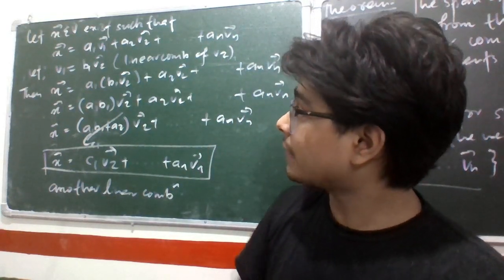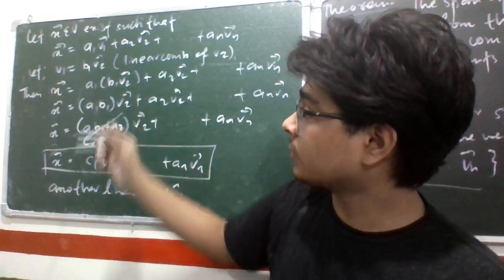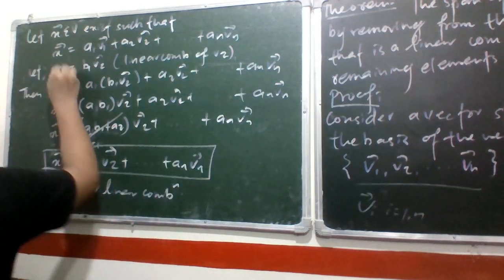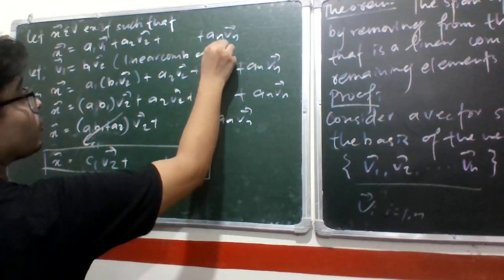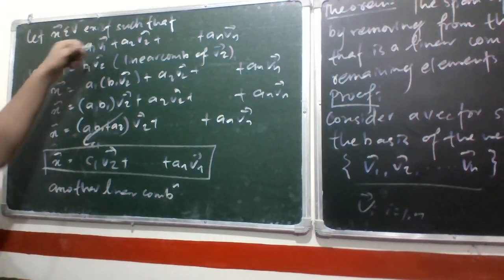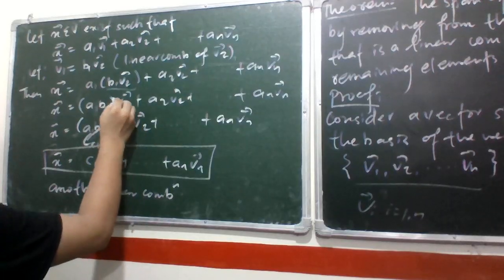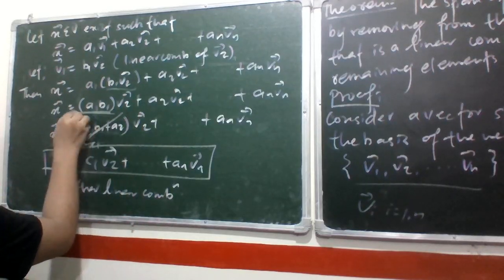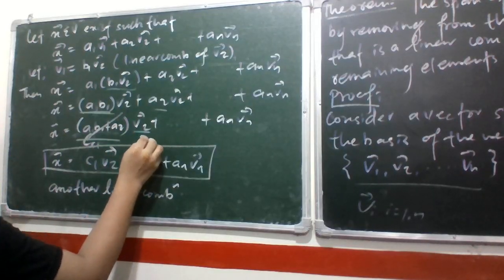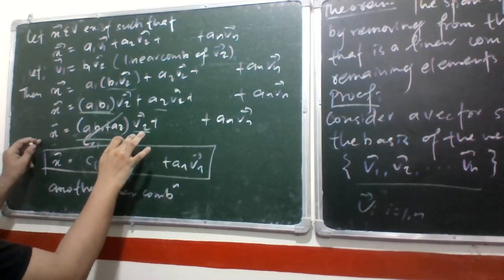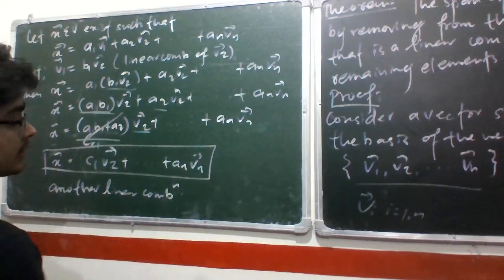And let's suppose we have a linear combination of any basis vector. If we consider that V1 is a linear combination of V2, then what we do is we substitute V1 with its linear combination. If we do that, then we find out that this can be written in this form such that we get another linear combination excluding V1 but including all the other vectors.